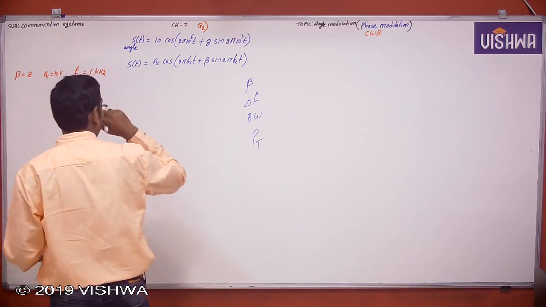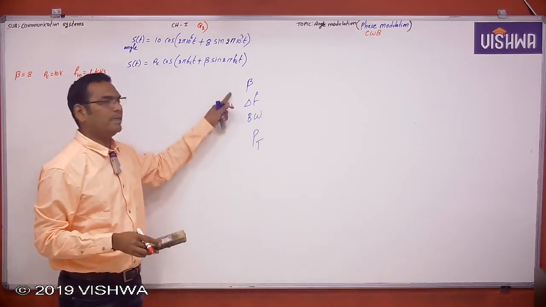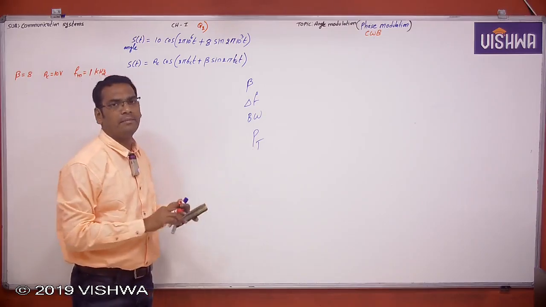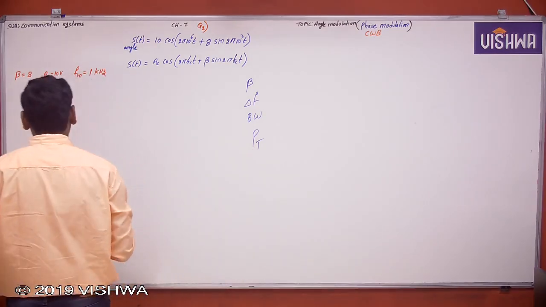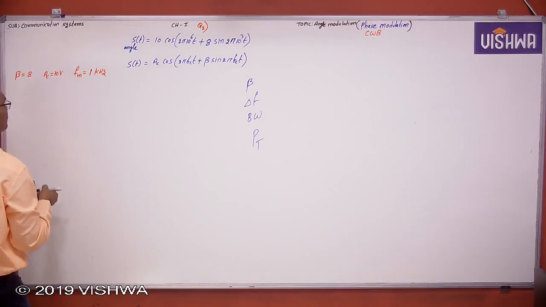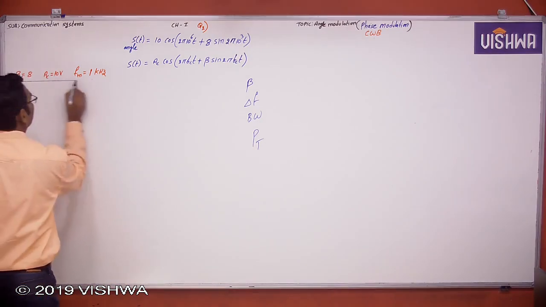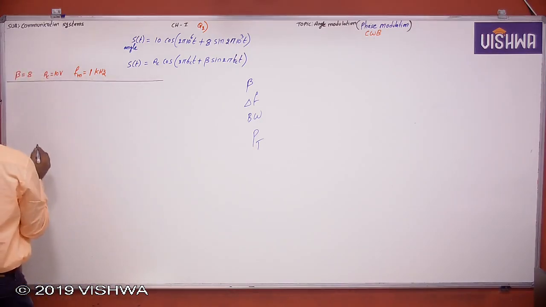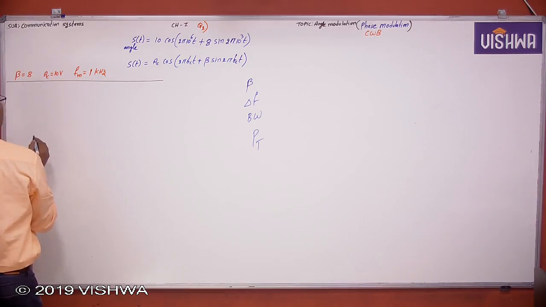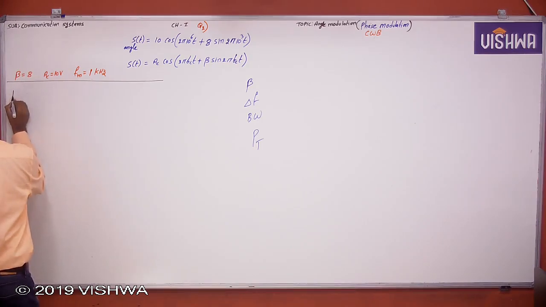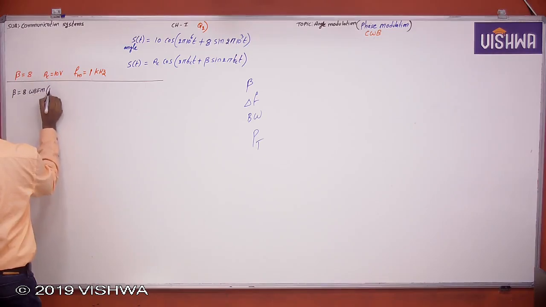So what is he asking? He is asking modulation index, frequency deviation, bandwidth and power. Okay, so now we'll treat this as an FM signal. Modulation index is 8, so it is wideband FM, because it is greater than 1.